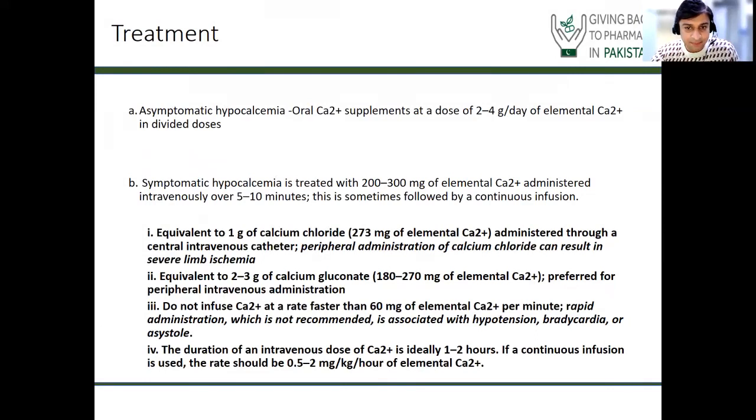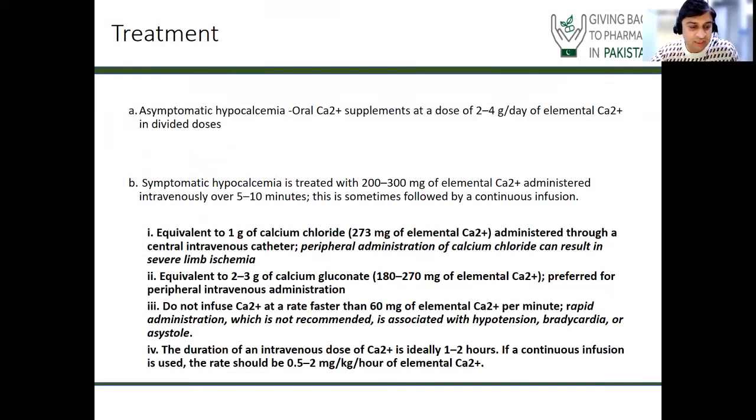Similarly, in case of hypocalcemia, if the patient is asymptomatic, always give oral calcium, because the oral calcium contains more elemental calcium as compared to the IV form, which is calcium gluconate.